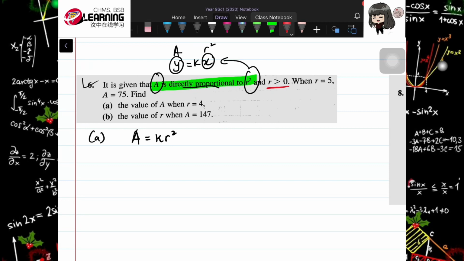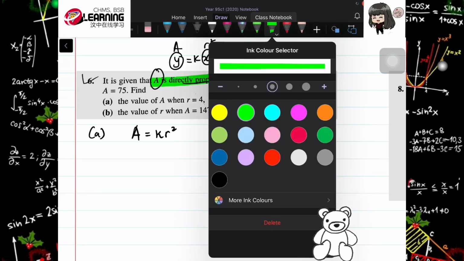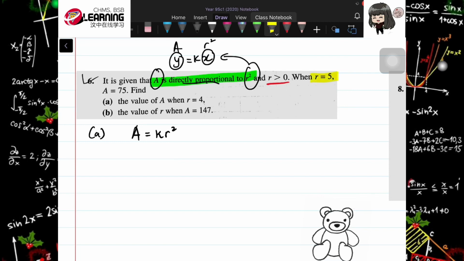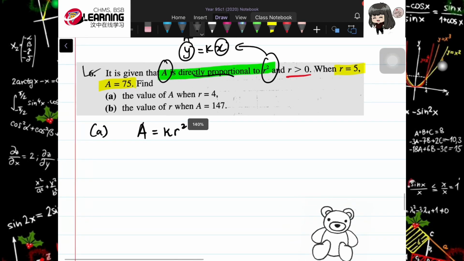So let's say they ask you to find the equation connecting A and R. When R is 5, A is 75. So now you find the value of K, then you can know what the equation is.